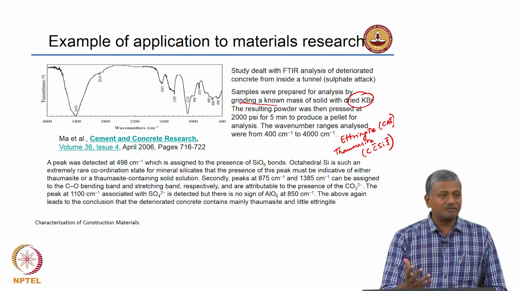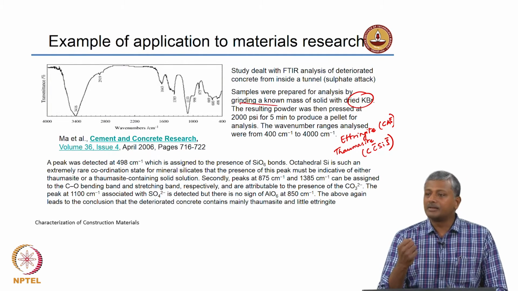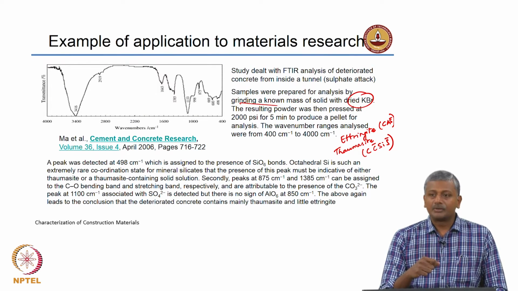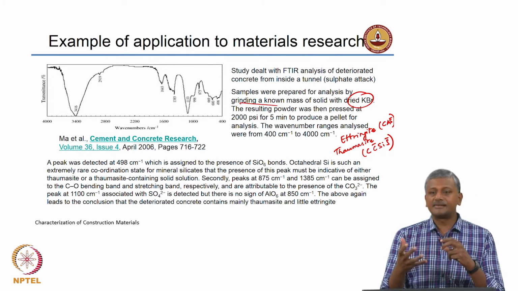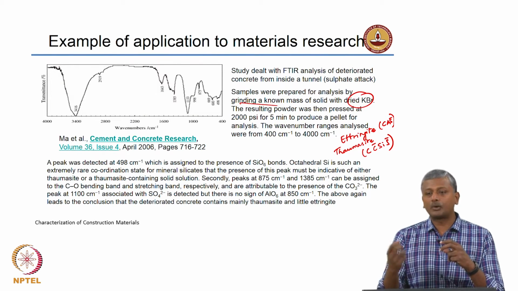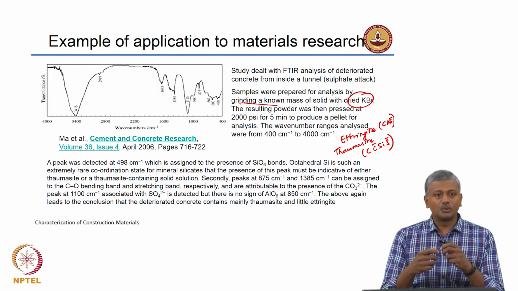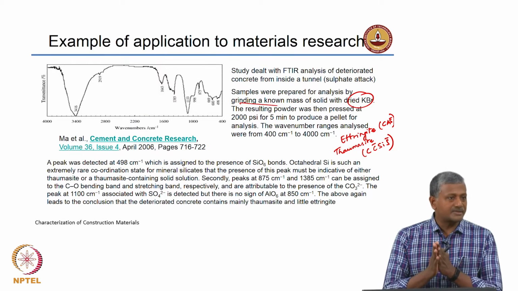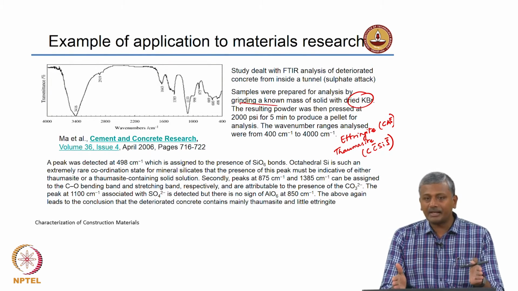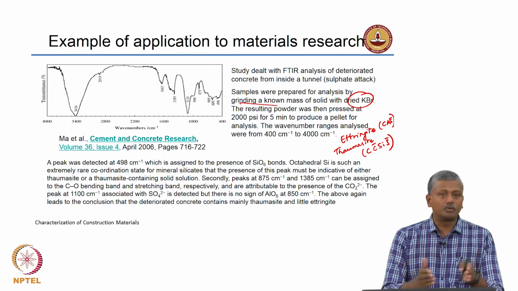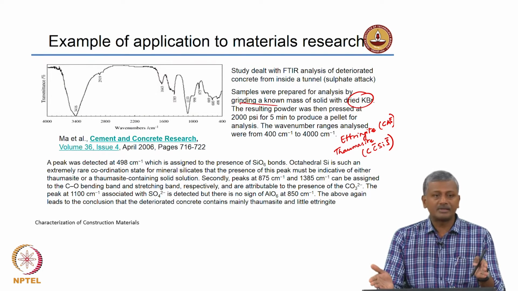Now, you will see in FTIR spectroscopy that potassium bromide is often used for FTIR analysis. When your infrared light passes through your sample, as I said earlier, there is a lot of interference from background radiation also. So, when you have a very small amount of sample, you can mix it with potassium bromide, which does not produce any interference in the range of wave numbers that we want to investigate, 4000 to 400 centimeter inverse.